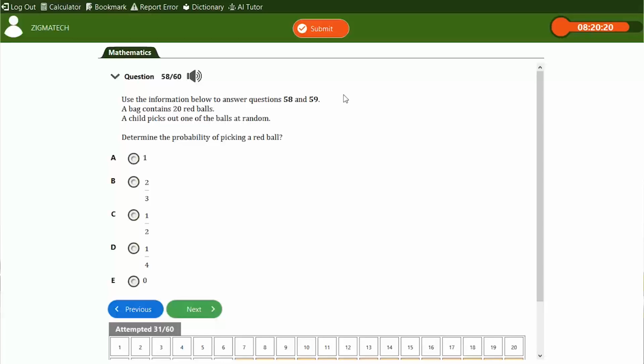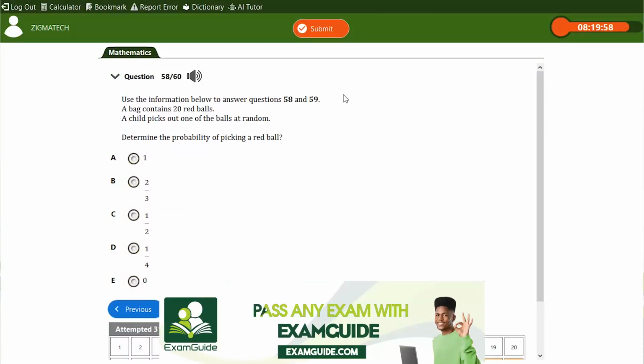When the probability of doing something is sure, that probability is 1. There is no way that child will not pick a red ball because the bag is full of red balls. So the probability of picking a red ball is 1.